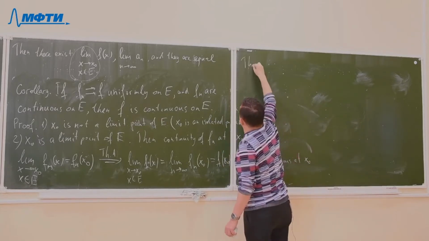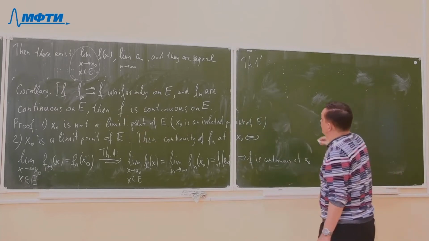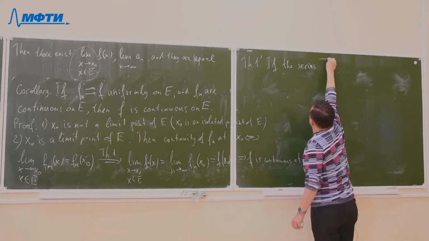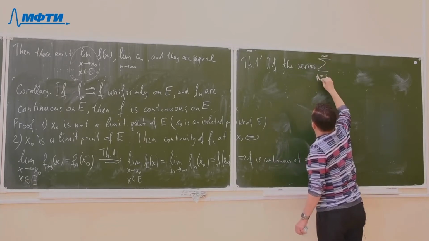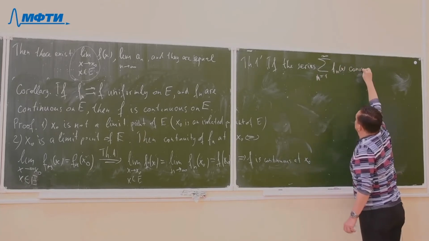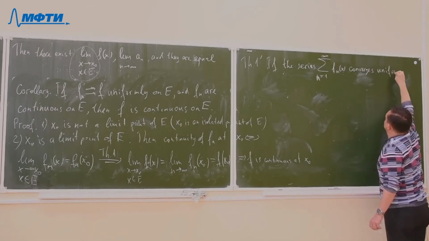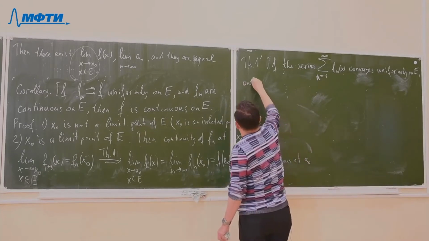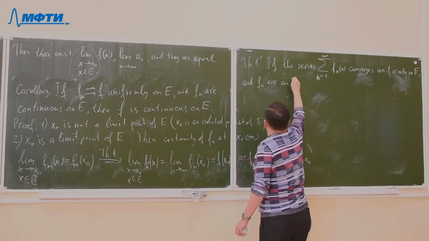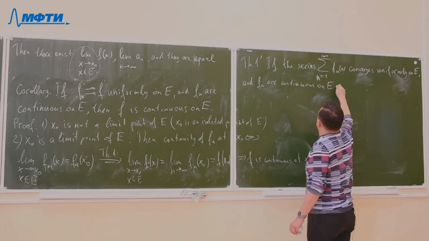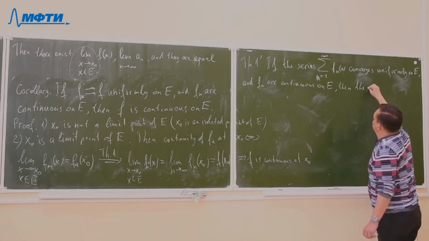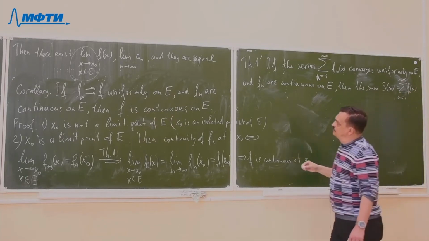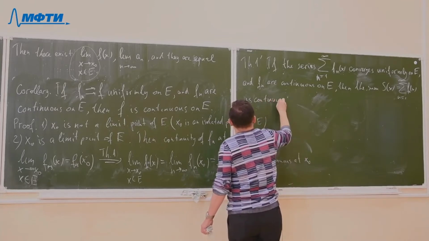So theorem, let's say 1 prime: if the series sum n from 1 up to infinity of fn of x converges uniformly on E and fn are continuous on E, then the sum f of x equals the sum of fn of x is continuous on E.